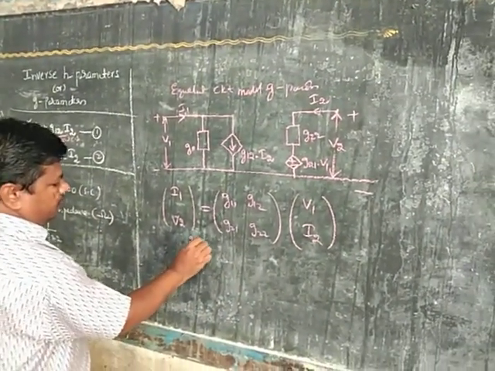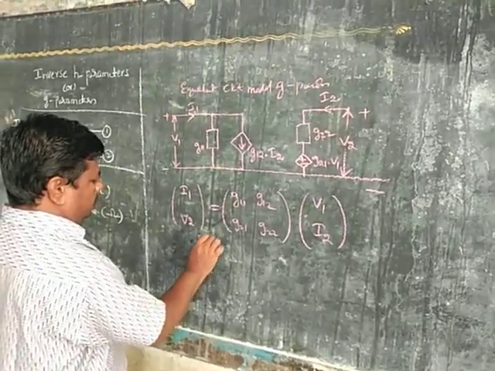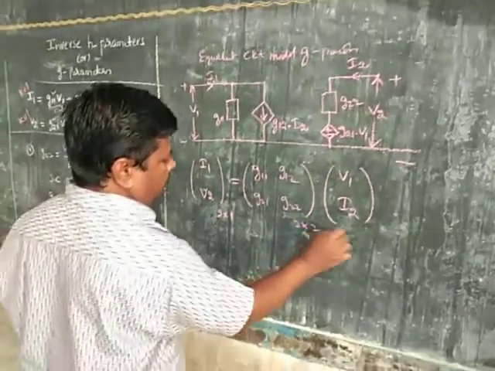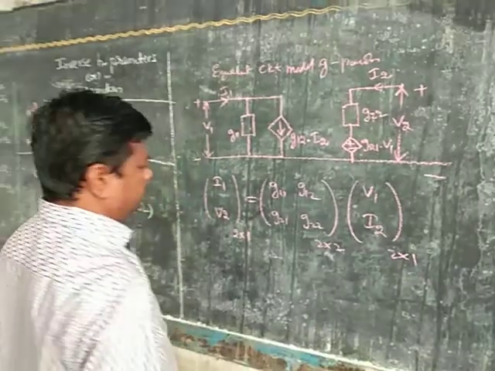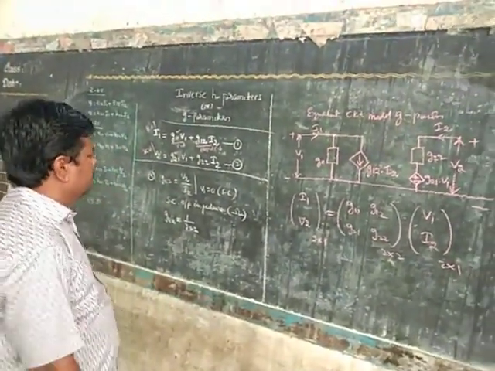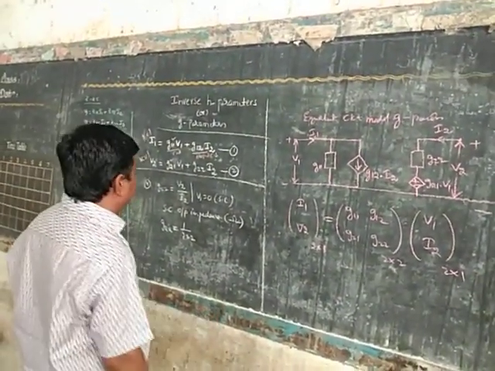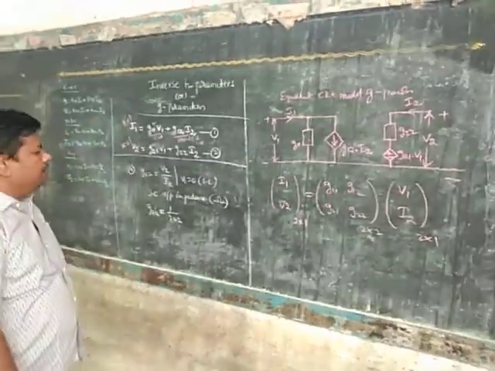It is a 2 by 1 equal to a 2 by 2 matrix into a 2 by 1. Now we can find G parameters using one example problem.